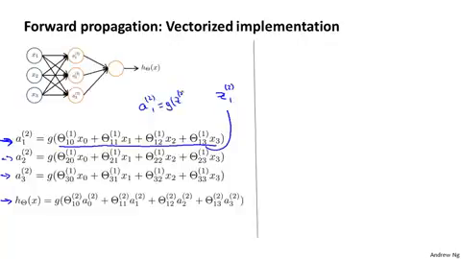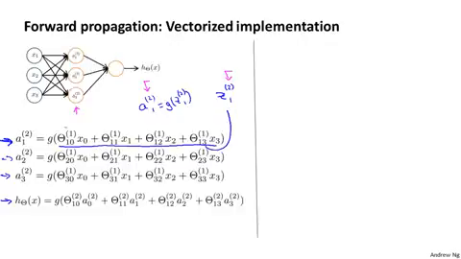And by the way, this superscript 2 in parentheses means that the z2 and this a2 are values associated with layer 2, that is with the hidden layer in the neural network.